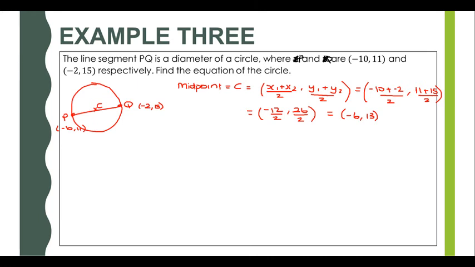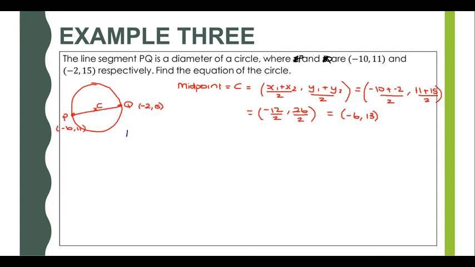We now need to know the radius, so we can work out the length between 2 points. Now we could work out the length of the diameter and half it, or we could work out the length of PC or CQ. We'll work out the length of the diameter using the points we're given in the question in case we've made a mistake with the midpoint.